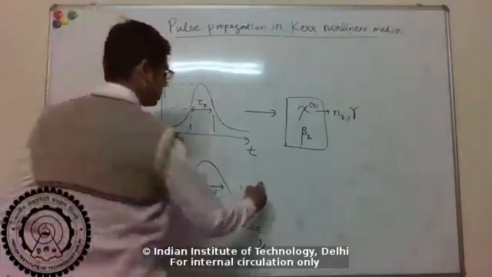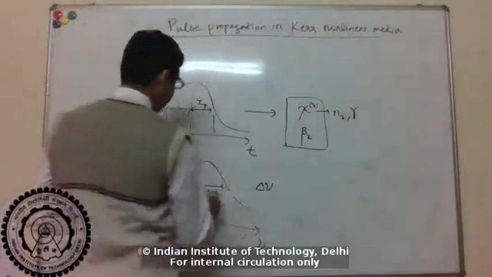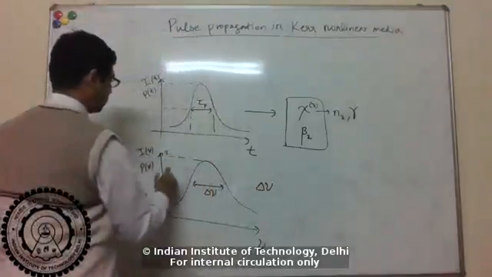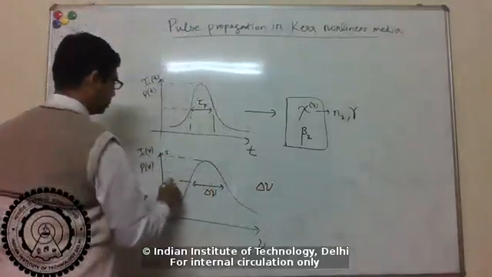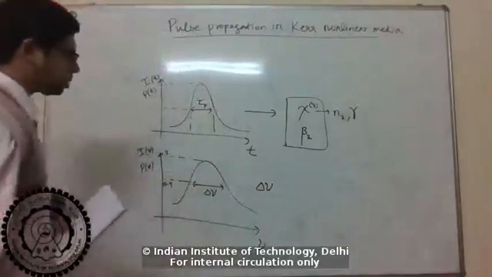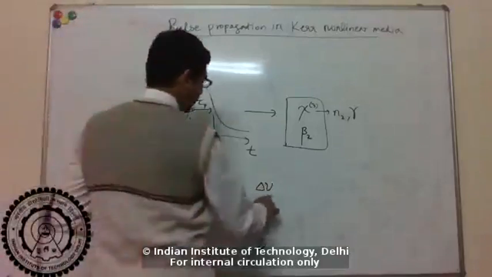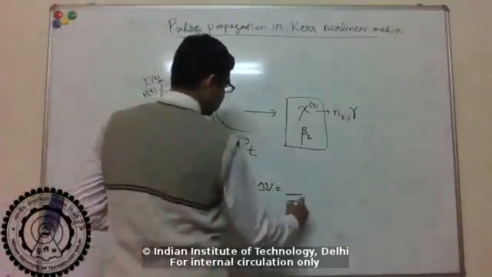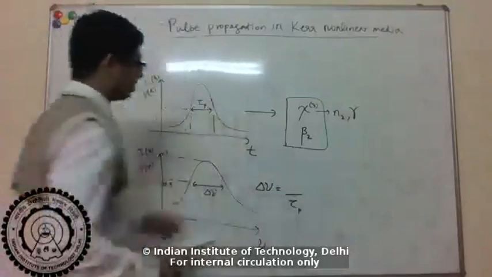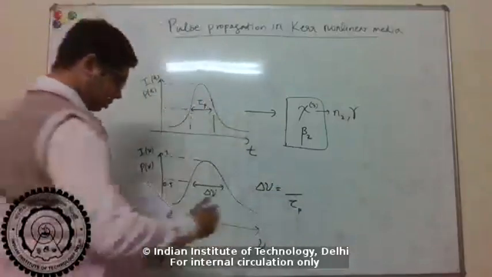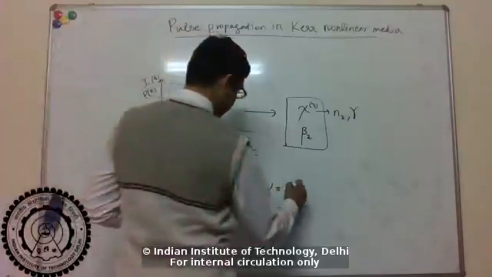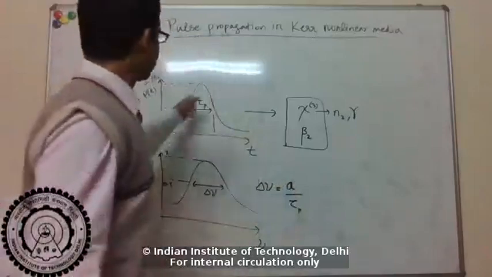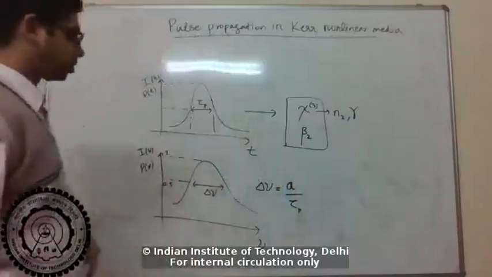If we define delta nu as the full width at half max, where this is 1 and this is 0.5, then the bandwidth is inversely related to the temporal width, and you have some constant A here, which depends on the particular shape of the pulse.